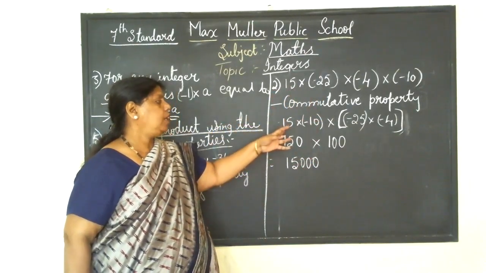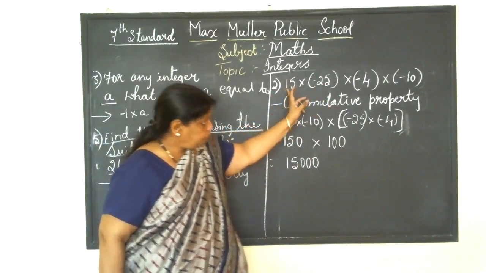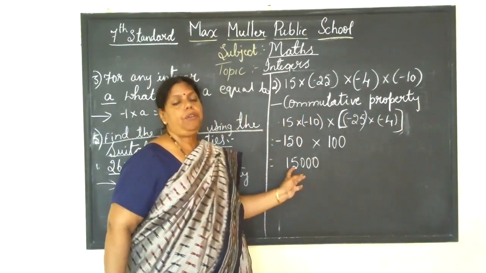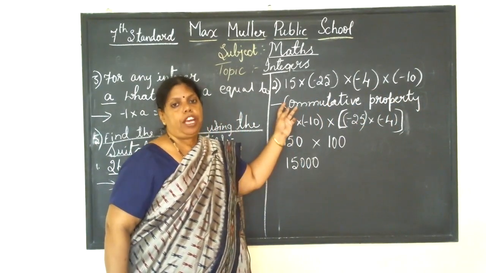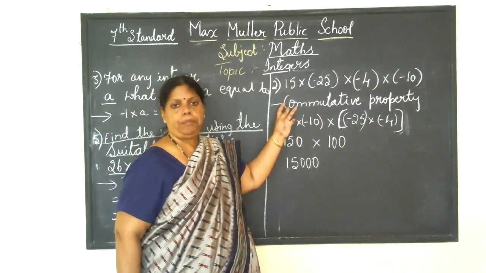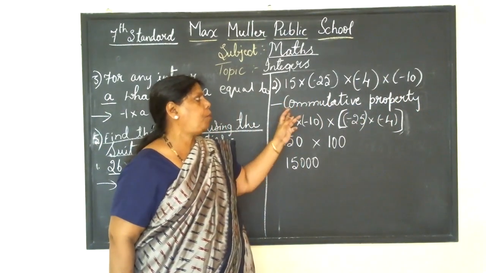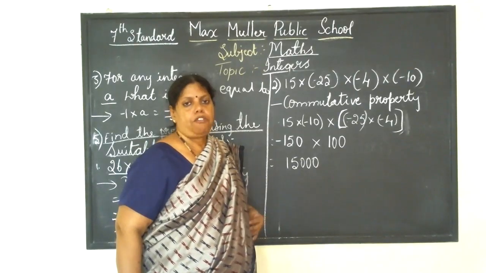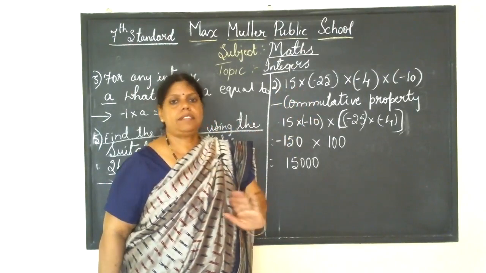For your convenience, see, 15 into 10 we can multiply easily. If you multiply together all, the same answer you will get. So it is considered as commutative property. Do you understand, children, why it is commutative property? If we interchange the places of the numbers, we get the same answer.